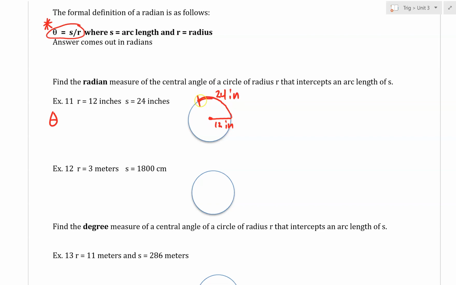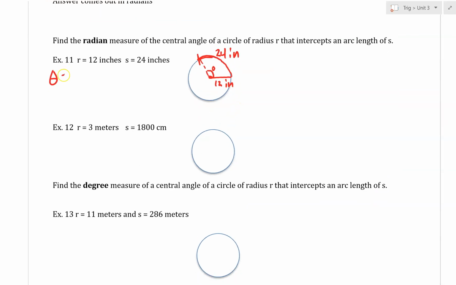What we're looking for is the angle measure that's created right here. In order to do that, we use the equation that they gave us. It's 24 inches divided by 12 inches. Inches go away, we're left with an answer of 2, and this is in radians. Hopefully that makes sense. This is 2 radians.